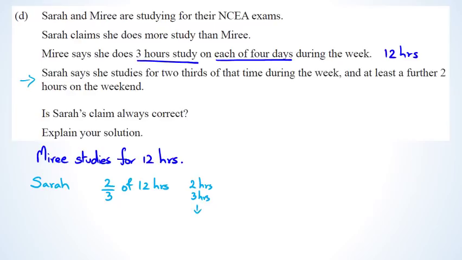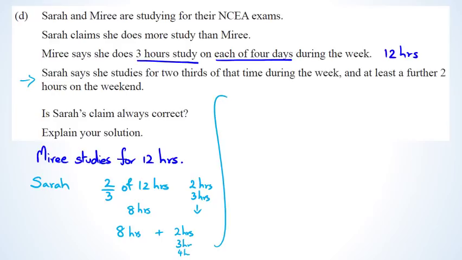It just keeps going. So the way we can write this is, if we work out 2/3 of 12, that's going to be 8 hours. All right. So the minimum Sarah is studying is 8 hours in the week and then 2 hours in the weekend. So that's the minimum. But she could study, of course, 3 hours or 4 hours and so on.